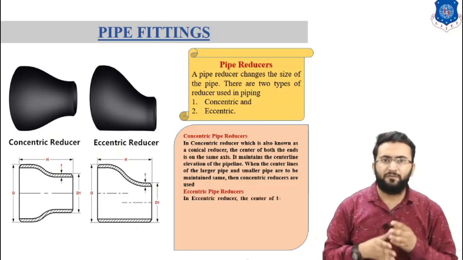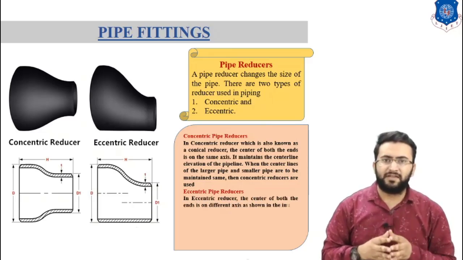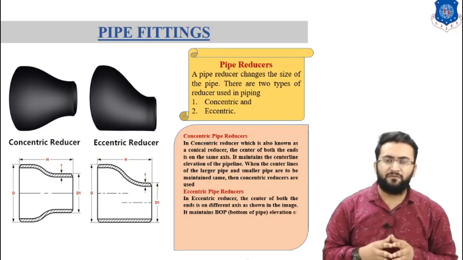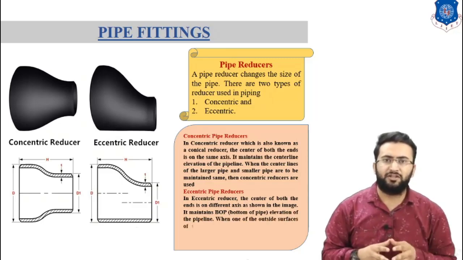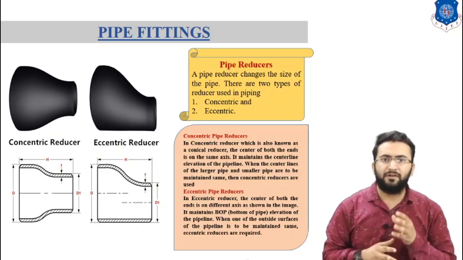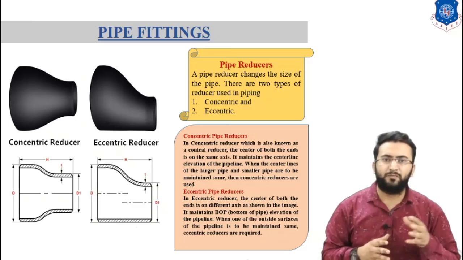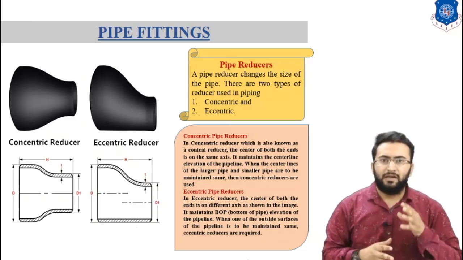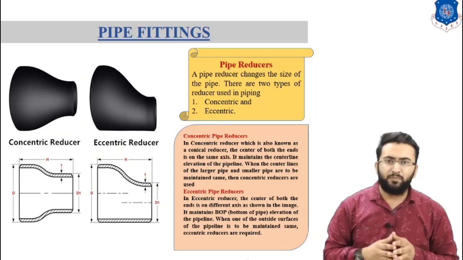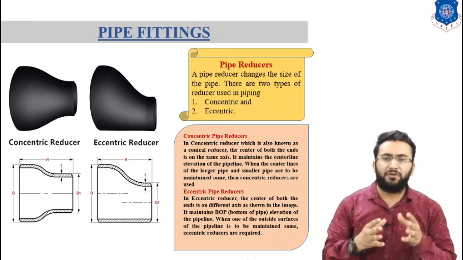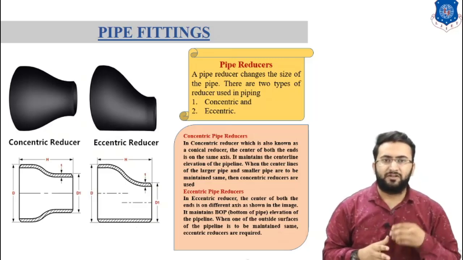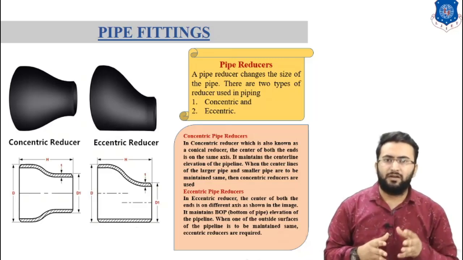The center of both ends is on the same axis. It maintains the center line elevation of the pipeline. When the center lines of the larger pipe and smaller pipe are to be maintained at the same position, that type of reducer is known as a concentric reducer or conical reducer.